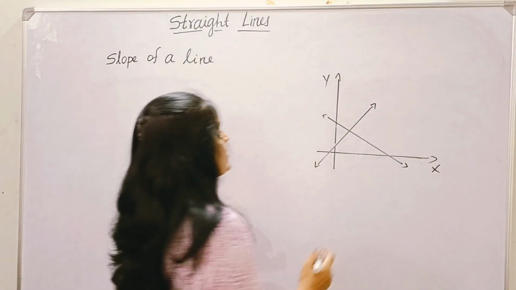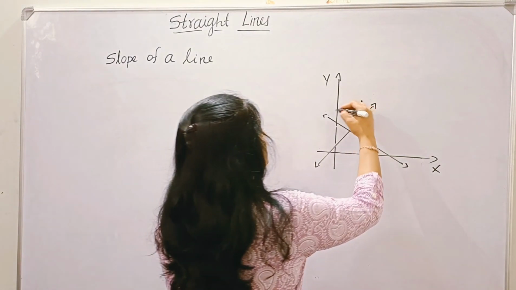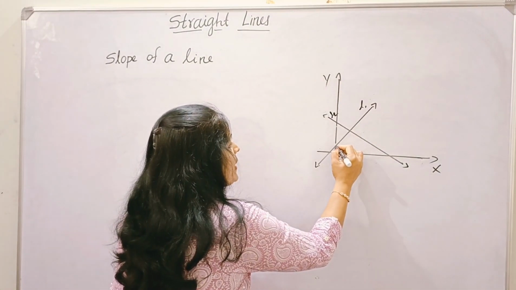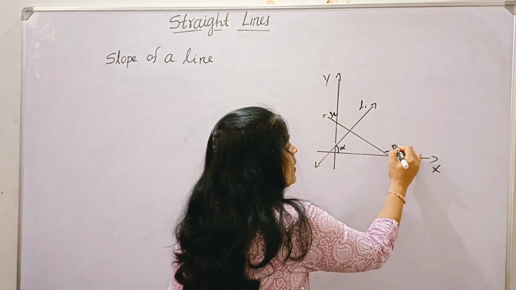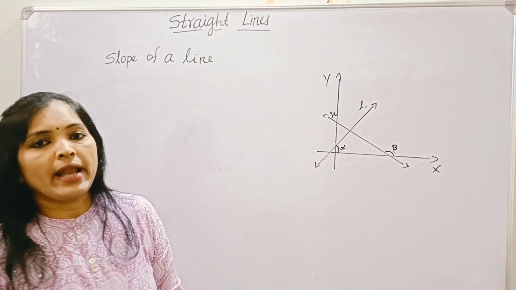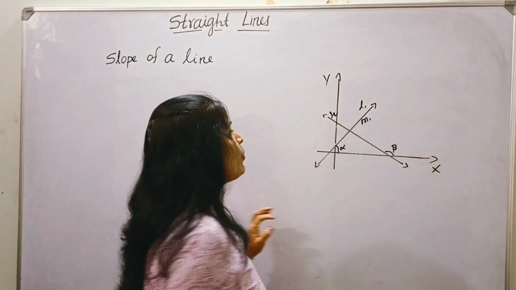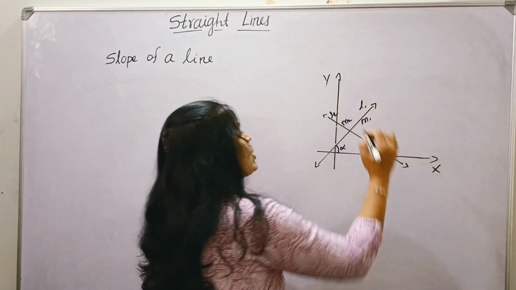Let this line be L1 and this line be L2, and let alpha be the angle made by the line L1 and beta be the angle made by the line L2.